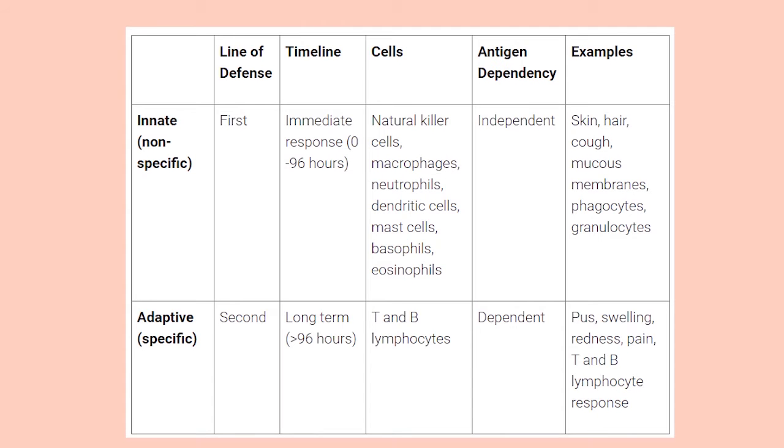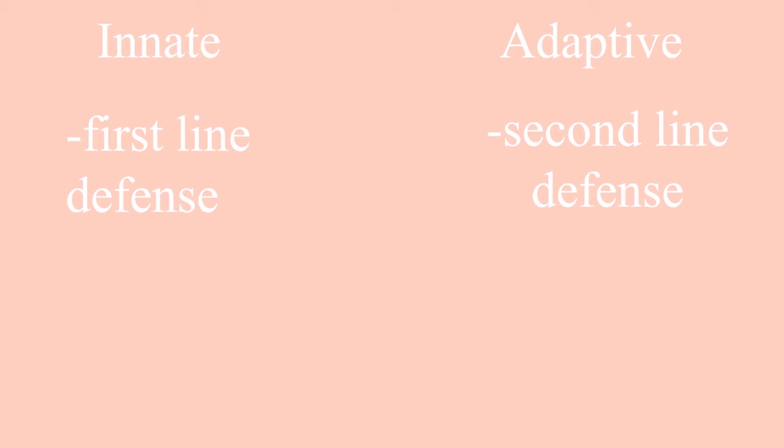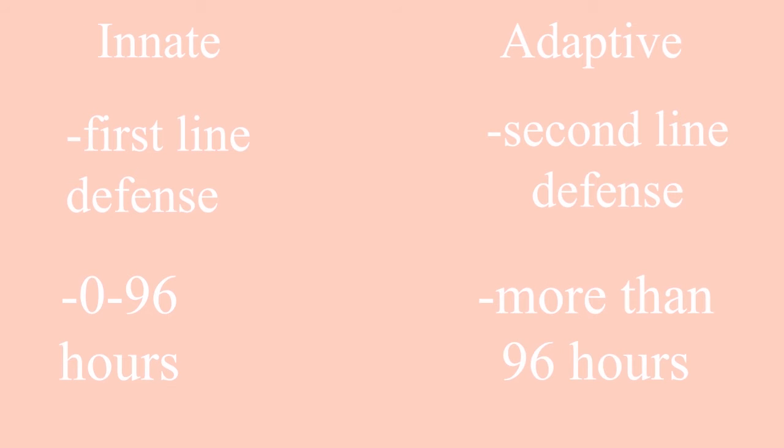Well, we could look at the chart here. Now, we could see the differences between both immunities. We see that innate immunity is the first line of defense, and adaptive immunity is the second line of defense. And by how fast the reaction is, it is faster in innate than in adaptive immunity. Why?